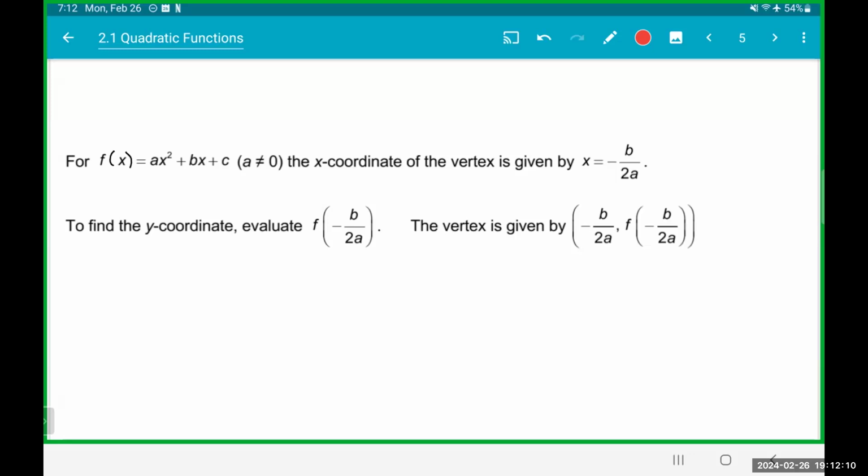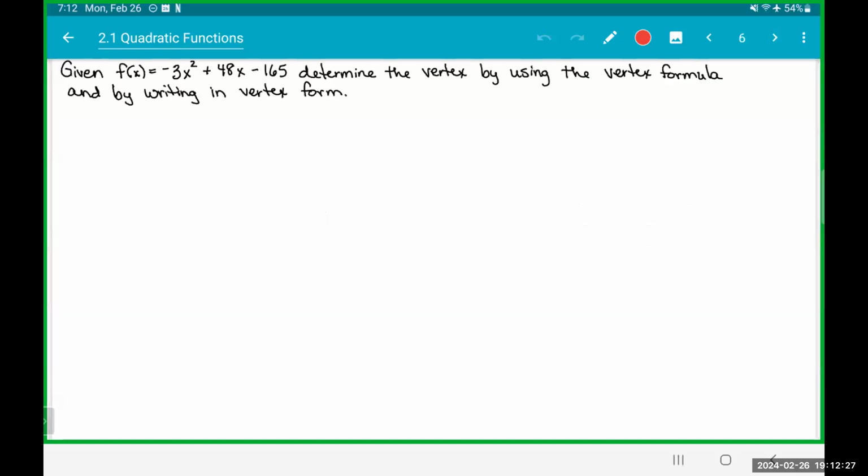Once I have that, I plug that solution back into my whole formula, and that will give me my vertex. That's really what this is here in short. And we'll look at it in practice to help us understand it a little bit.